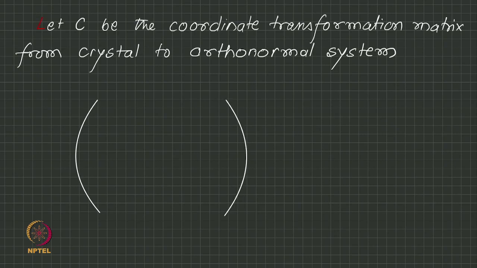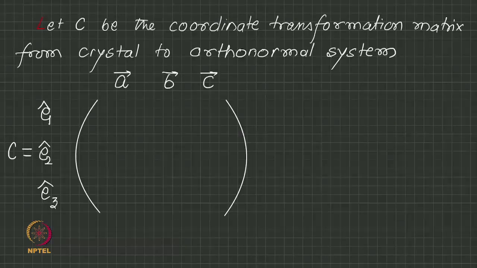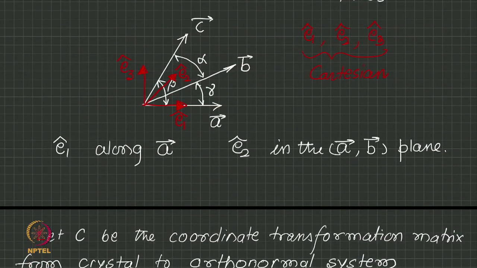Our old vectors are the crystal coordinate vectors, so they are on the top: A, B and C. Our new vectors are the orthonormal system, so they are on the left, and we just have to write the Cartesian coordinates of A, B and C, that is all we have to do to get this matrix C. This is my matrix C. So, what are the Cartesian coordinates of A?